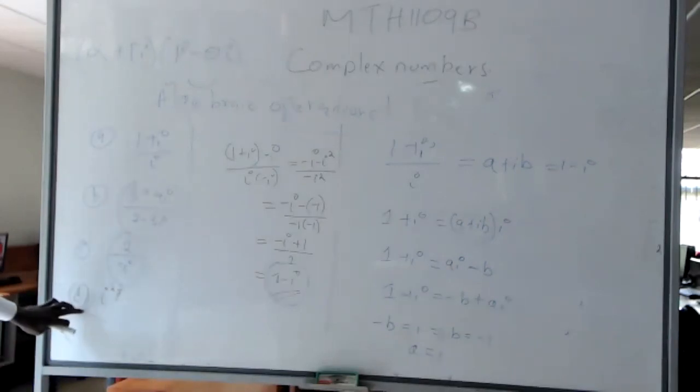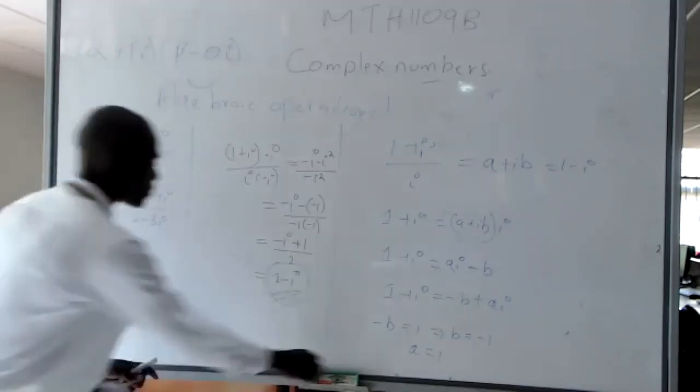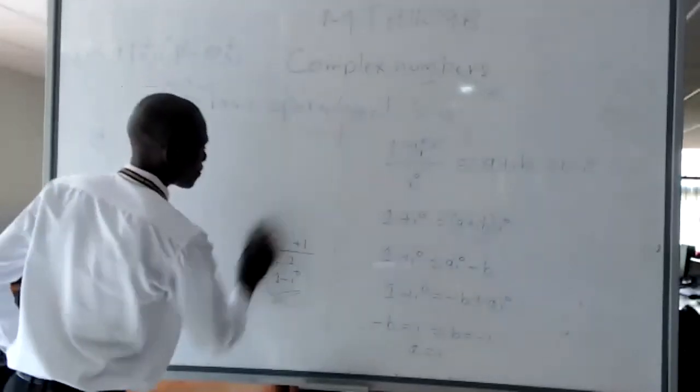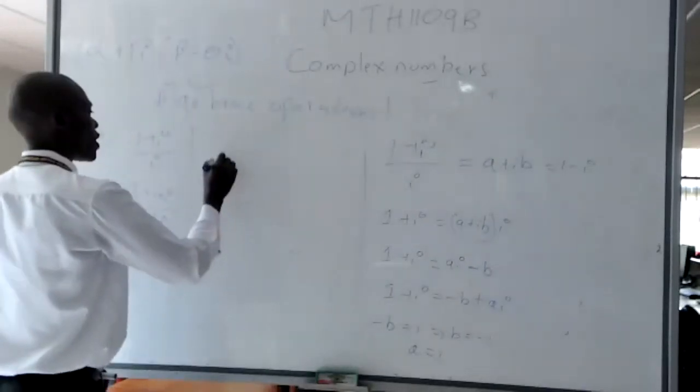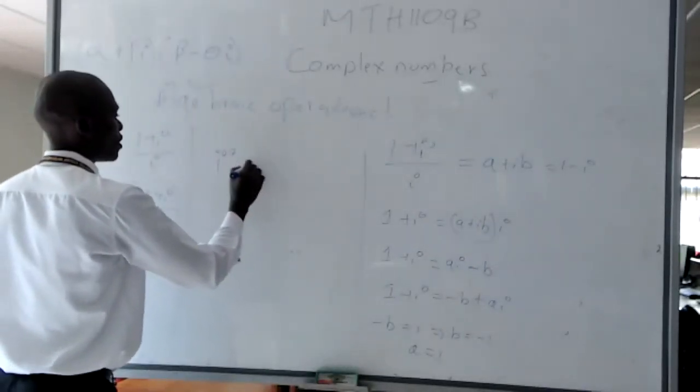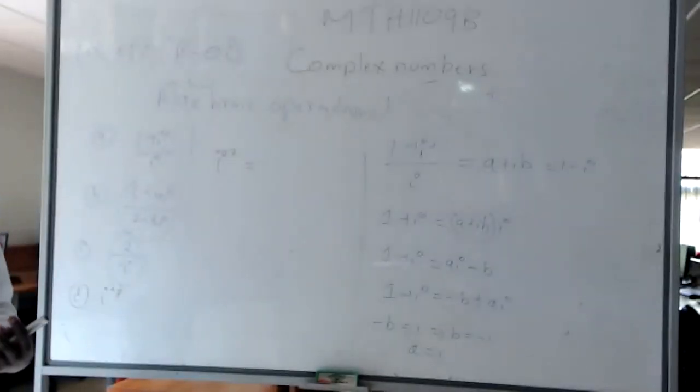Now the last thing I wanted to show you is powers of i. As an example, i power 27. You're asked to find i power 27. We did rules of exponents.